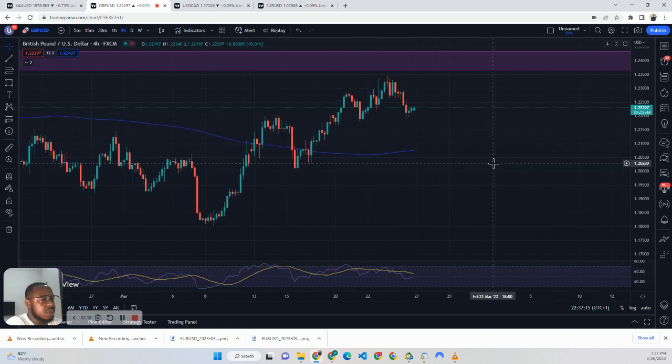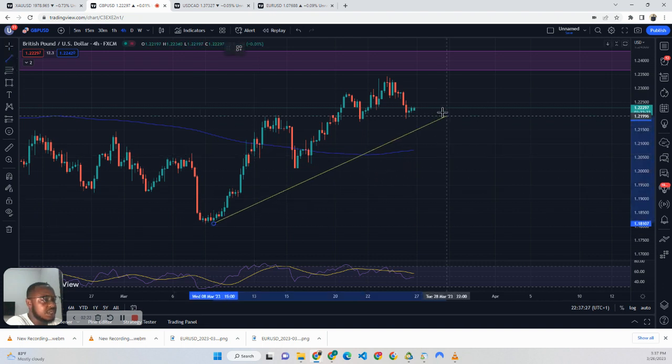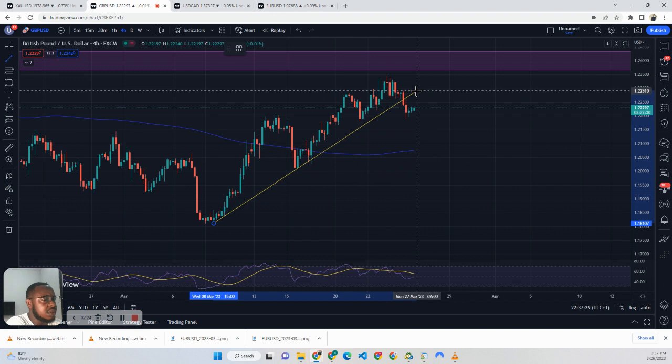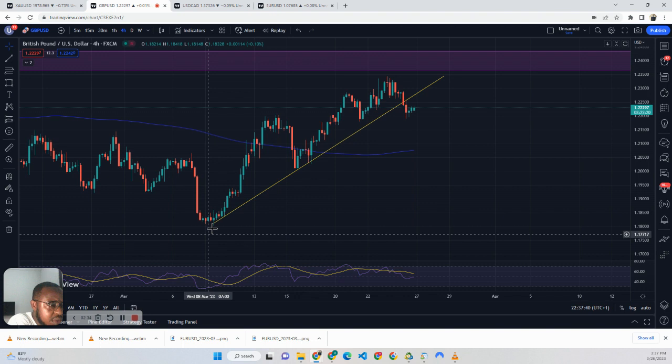Coming to the 4 hours time frame, I can now identify my trend lines to know if there is a breakout or not. I can take out a trend line here to look at what is happening on this market. This is pounds.